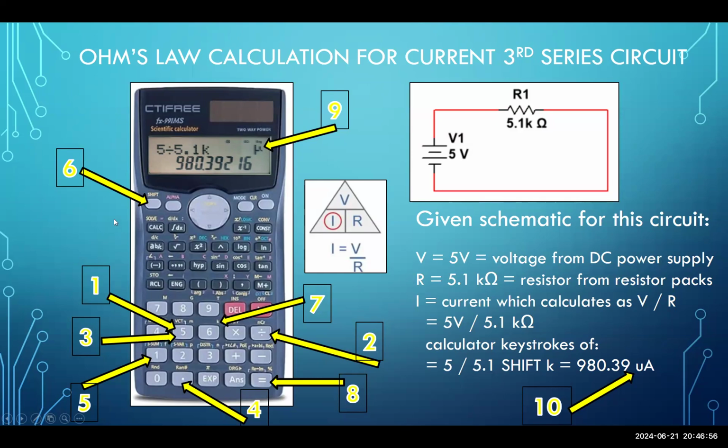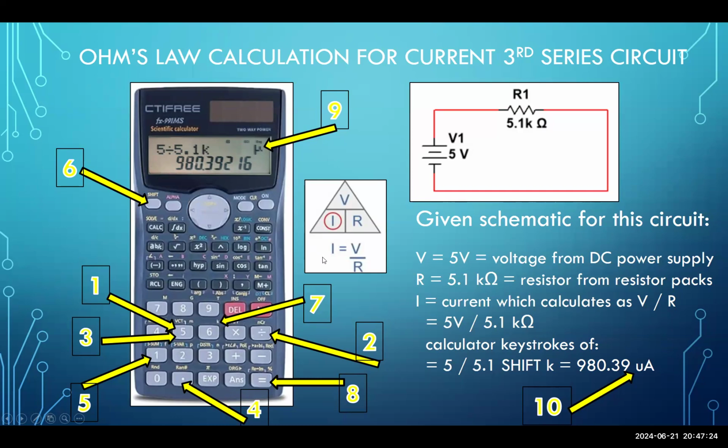Then how do you bring in the symbol kilo on this calculator? It's so easy. You go to step number 6, touch the shift button, and the shift button brings in all of these second functions above the keys. In this case, the shift button, by hitting the 6 button, will give us the kilo function. And in step number 7, by hitting shift and then touching that 6, you will see kilo come up in your display.